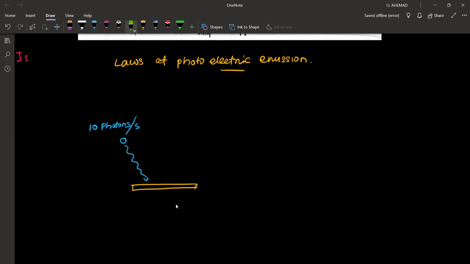Now let's say these have sufficient energy, okay? So these can release 10 electrons. If our intensity is only 5 photons per second, then it will release only 5 electrons per second.